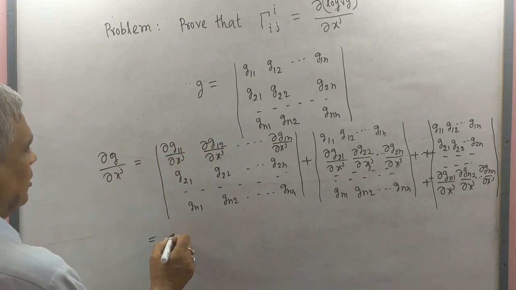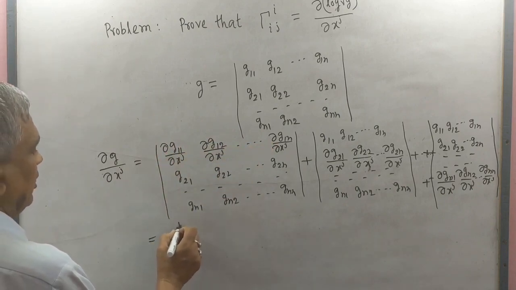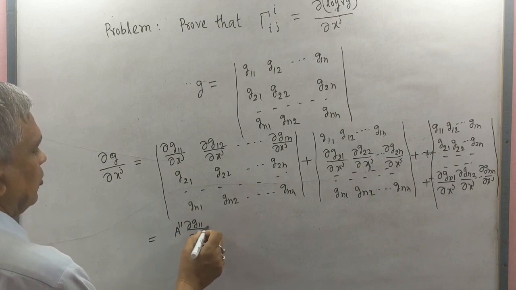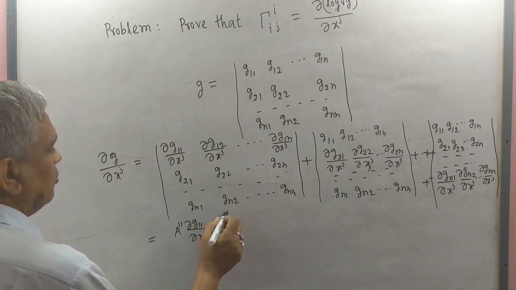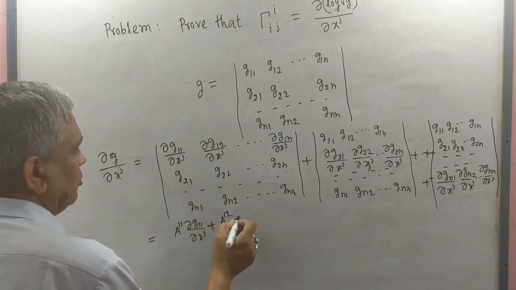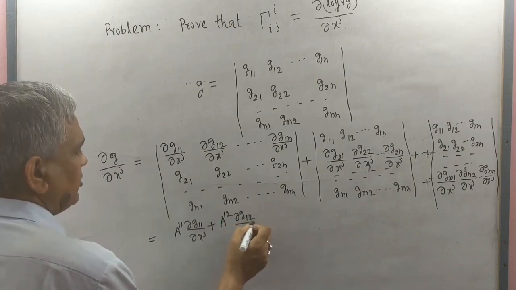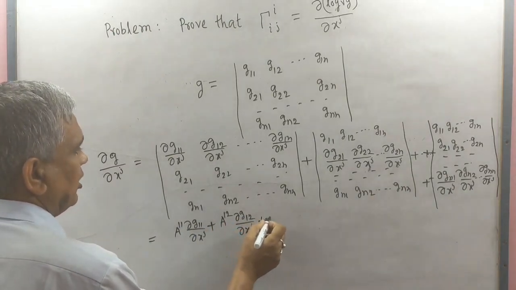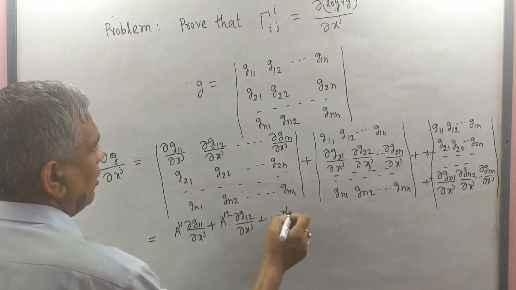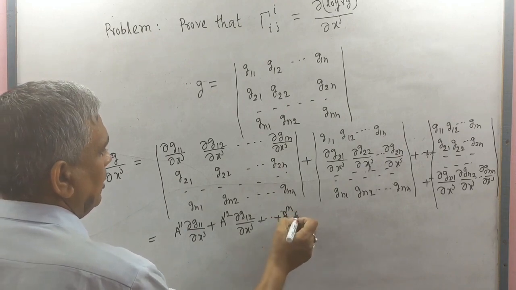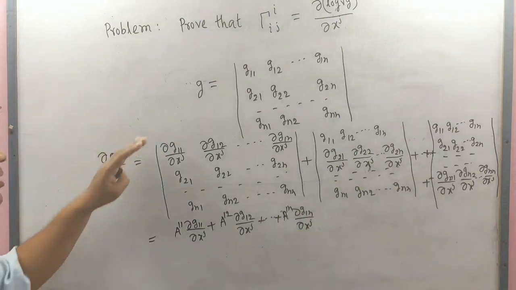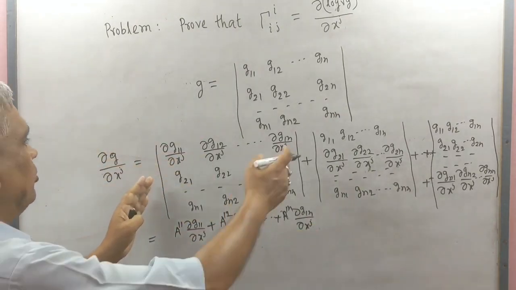So we may write A11 del g11 by del xj plus A12 del g12 by del xj, A11 being the cofactor of this place, plus A1n del g1n by del xj. So we get the determinant of the first place.